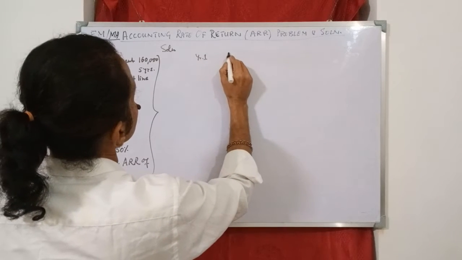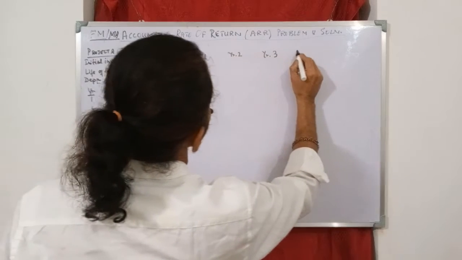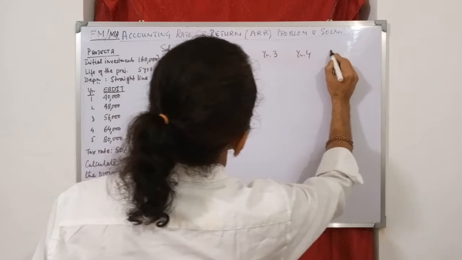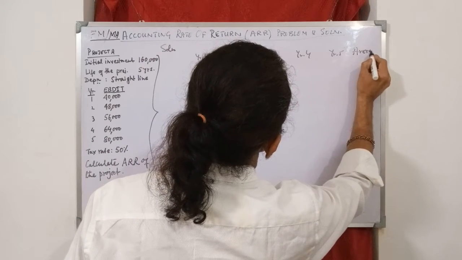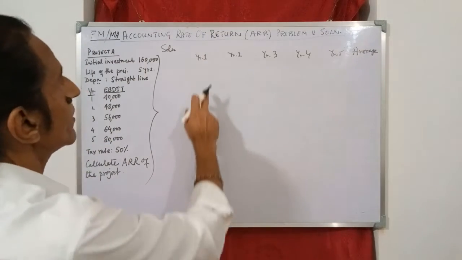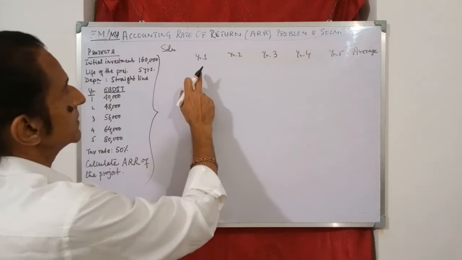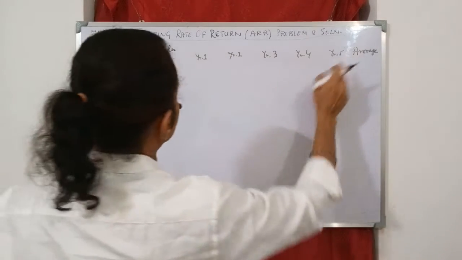Year 1, year 2, year 3, year 4, year 5, and year average. So here I have taken 5 columns: year 1, year 2, year 3, year 4, year 5, and average.